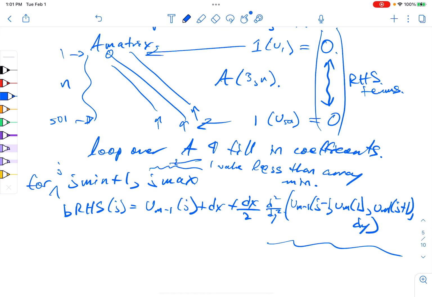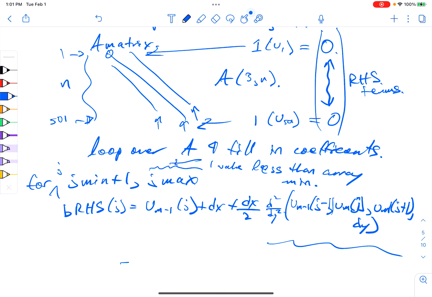So this is the name of the function, I just wrote d2 dy squared.